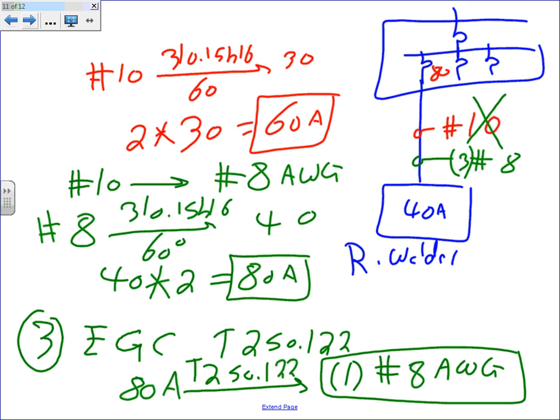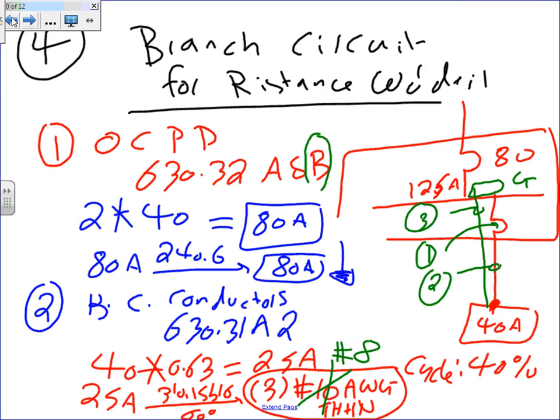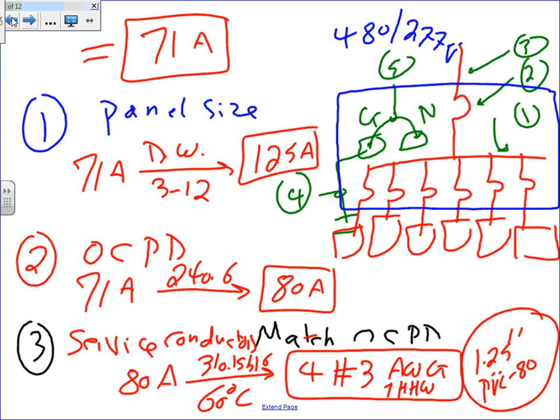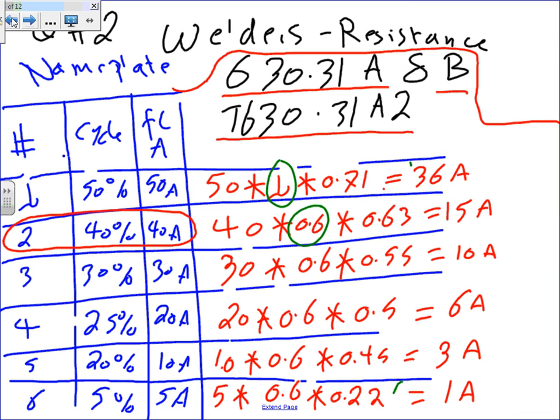So may I ask if everybody now, guys, knows how to size a panel for a welding shop and a branch circuit for every welder, based on the 2 types of welders that we have, right? Now, Chris, go back to my welding example right here. I have 6 branch circuits here. Can you size the branch circuit for the 40 amp? Bring it on.